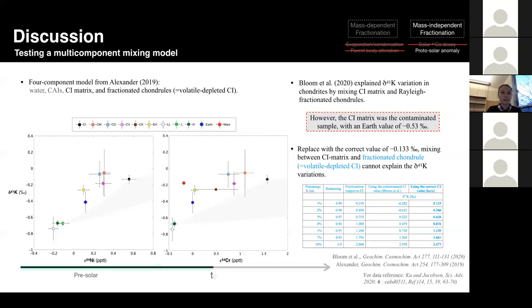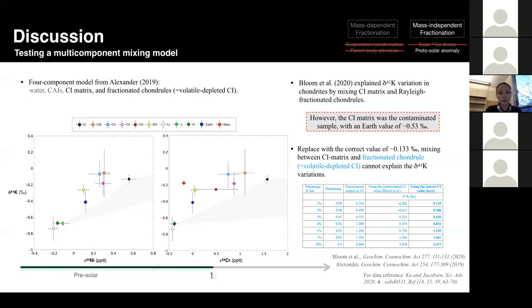In this mixing model, Alexander used water, CAI, a CI-like matrix, and fractionated chondrule, which has a composition similar to the volatile-depleted CI meteorite. In our case, there's no potassium in water and very little potassium in CAI. So Bloom et al. used a matrix-chondrule two-component mixing to explain their potassium data.